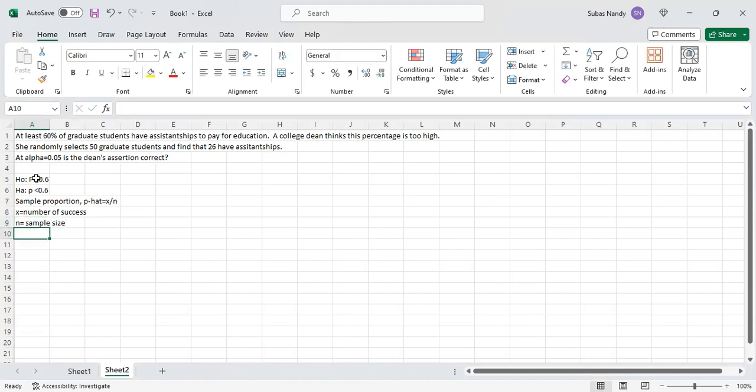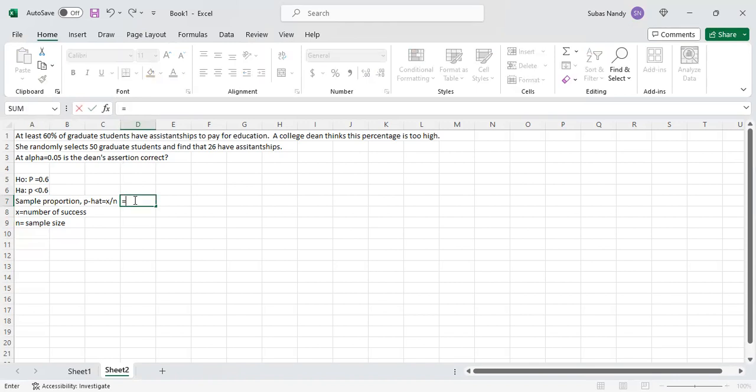So in our case, the sample proportion is X, the number of successes, 26 have assistantship, out of a sample size of 50.